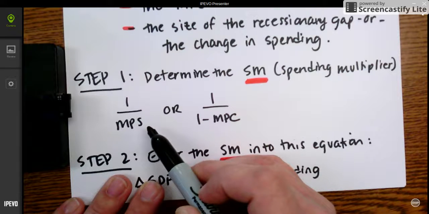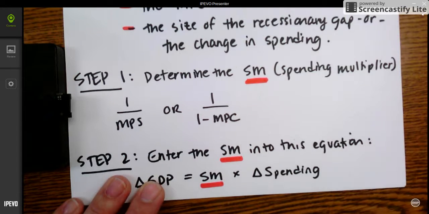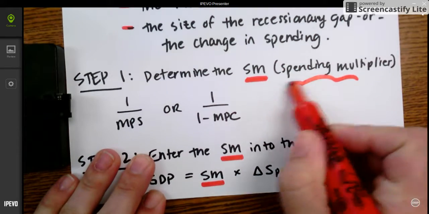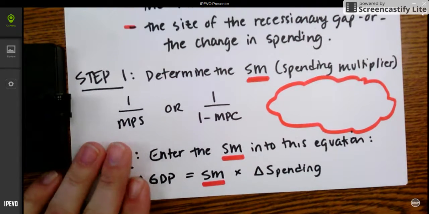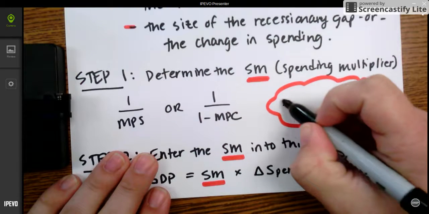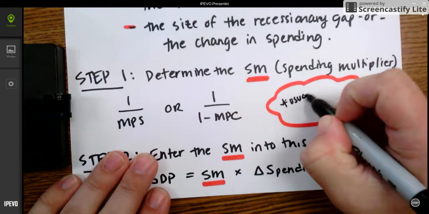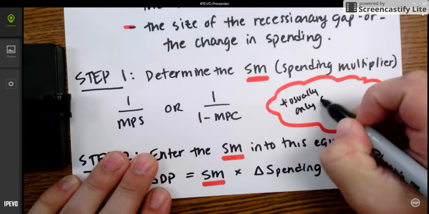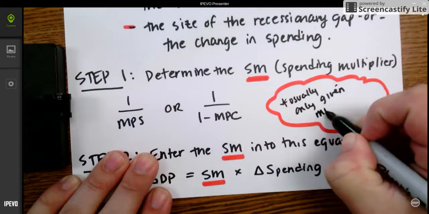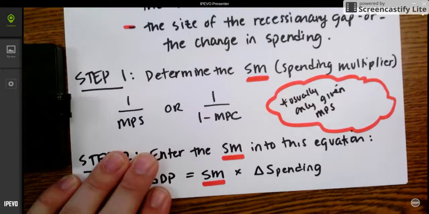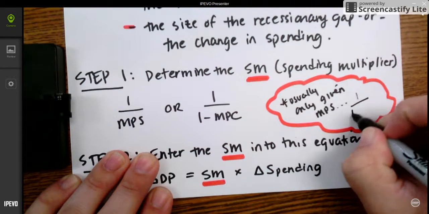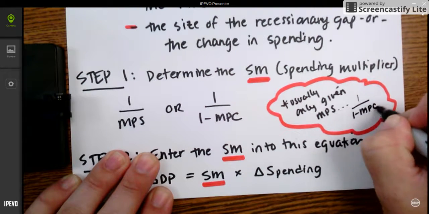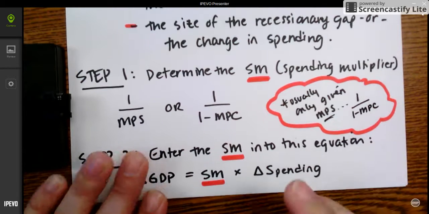Now, many times in the AP exam, here's a little AP tip for you. This is like a coaching tip for you. They really love for students to do 2 steps. So most of the time, you're usually only given the MPC because they want to know that you know that 1 over 1 minus the MPC will bring you to the MPS.